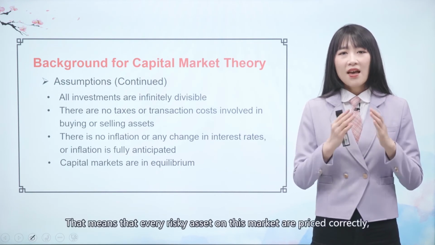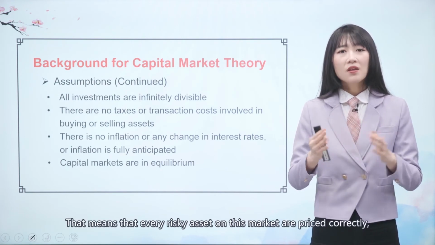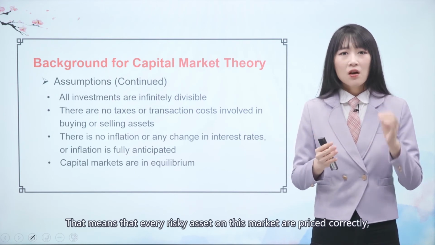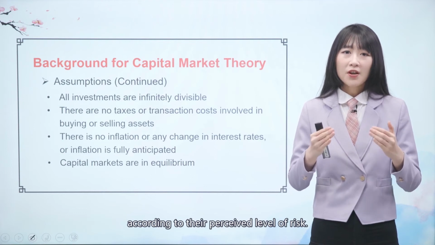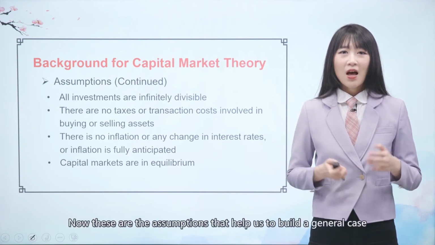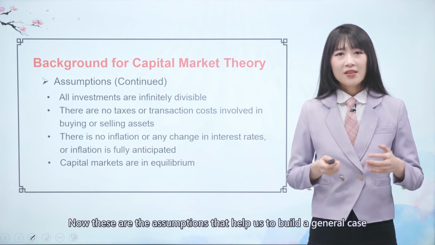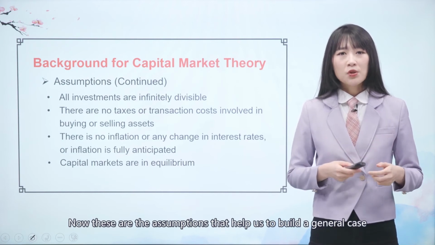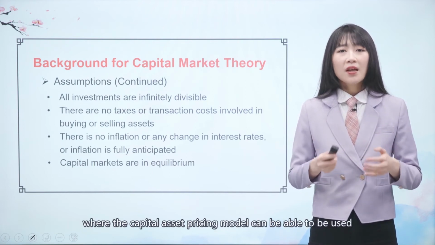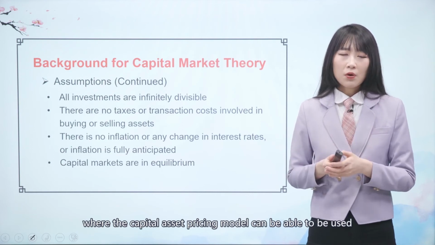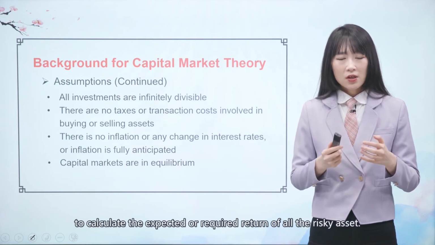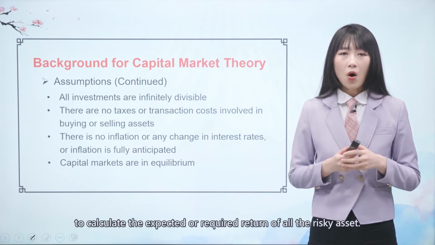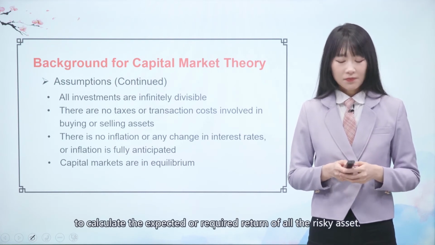That means every risky asset on this market is priced correctly according to its perceived level of risk. These are the assumptions that help us build a general case where the capital asset pricing model can be used to calculate the expected or required return of all the risky assets.